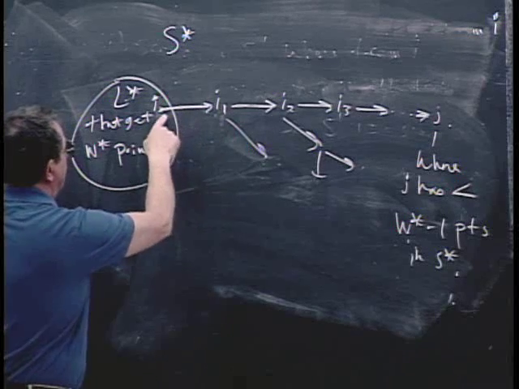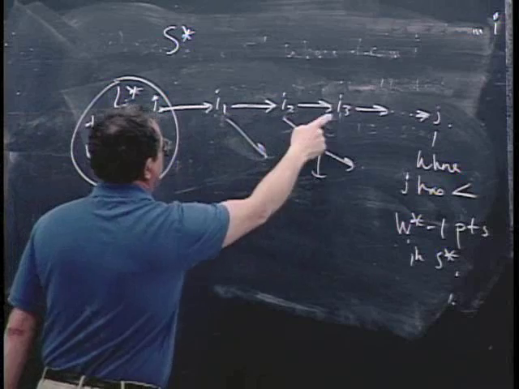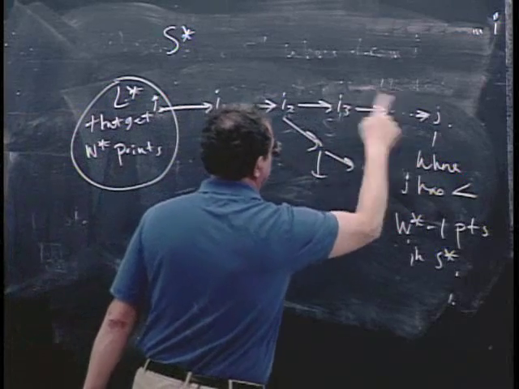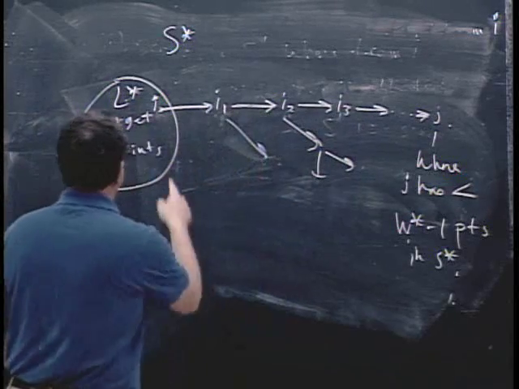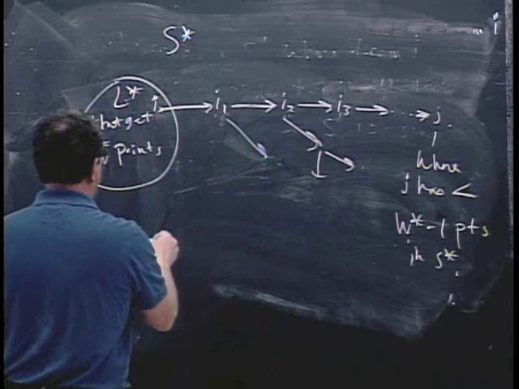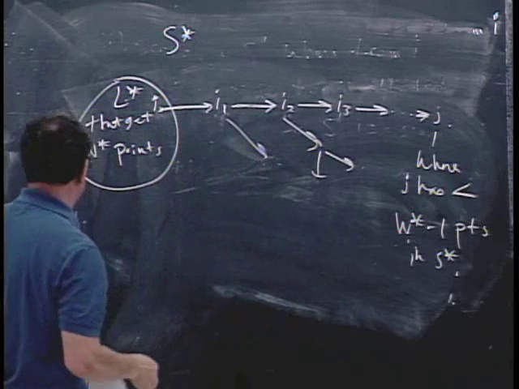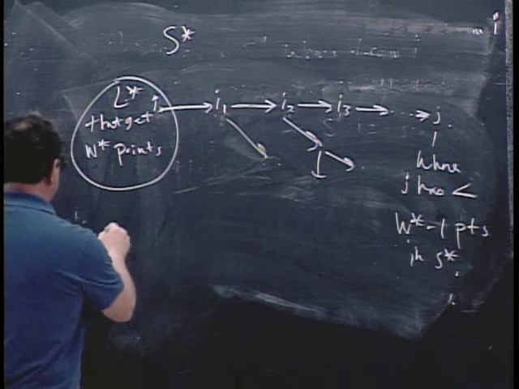So I1 beats I2 beats I1, I3 beats I2, and so on, all the way to J. And so what happens is that this team I now, its overall record has fewer points.